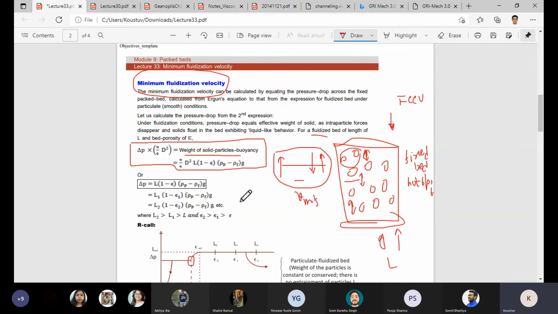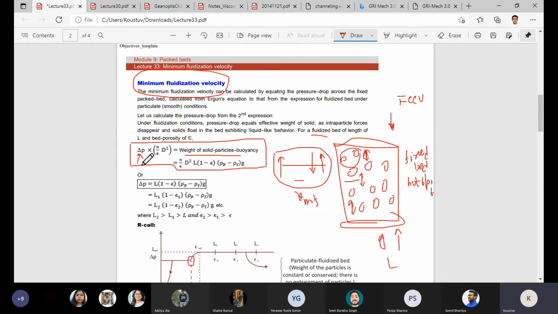Now you will agree that delta P is a function of VMF, or rather of the flow rate, the velocity of the gas or liquid. At that balance condition, when the packing materials are about to start their movement, that velocity we need to achieve, and that is called VMF. The very same expressions will be used for delta P, since we are measuring delta P in the fluidization operation also.